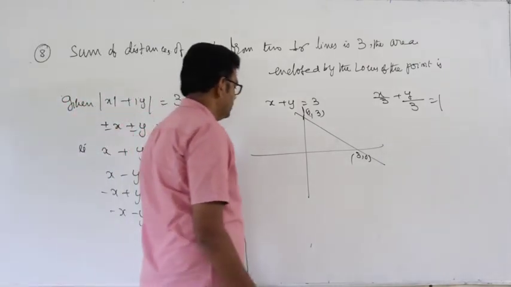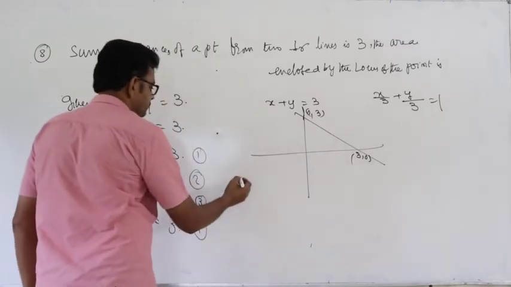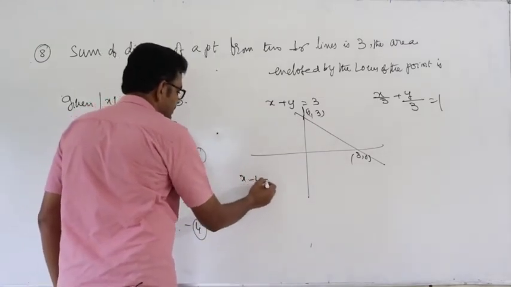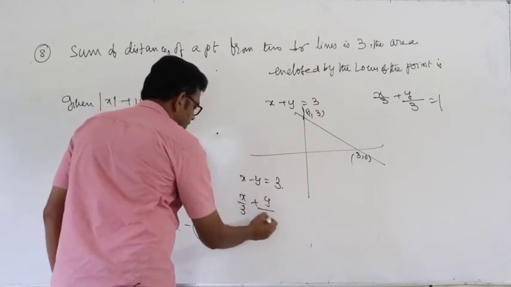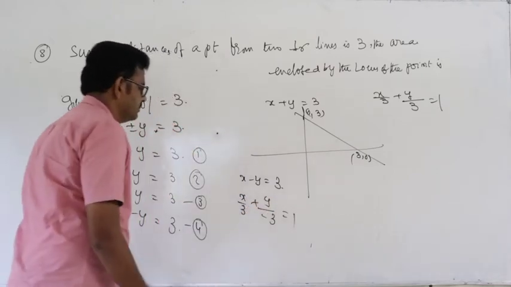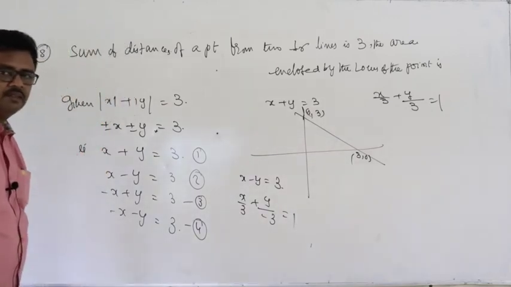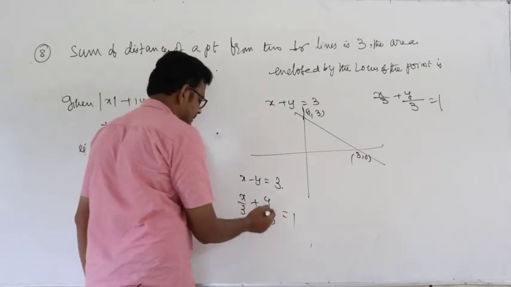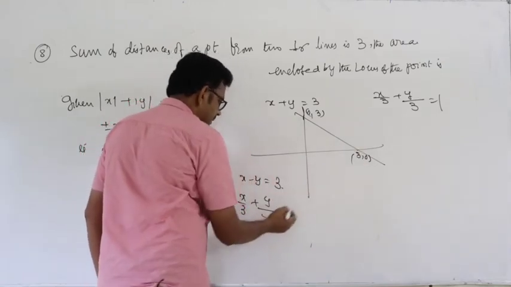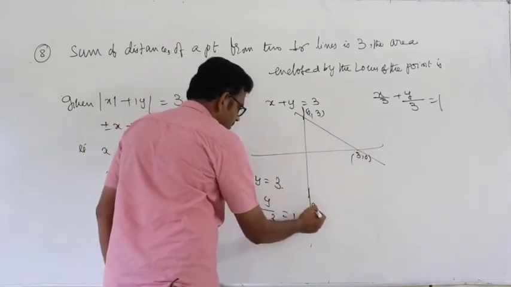What about the next line? If you take x - y = 3, that is x/3 + y/(-3) = 1. The line cuts the x-axis at (3, 0) and the y-axis at (0, -3).